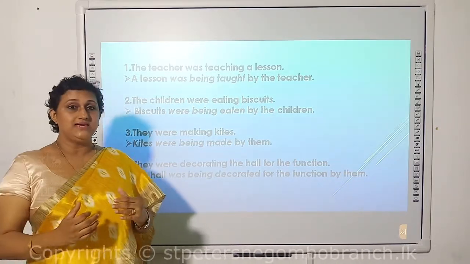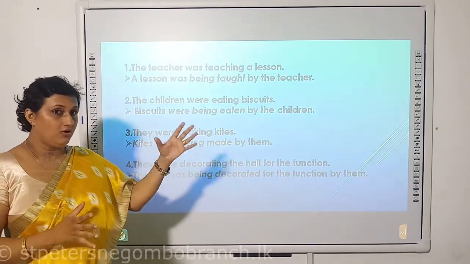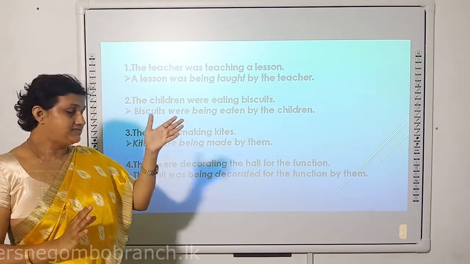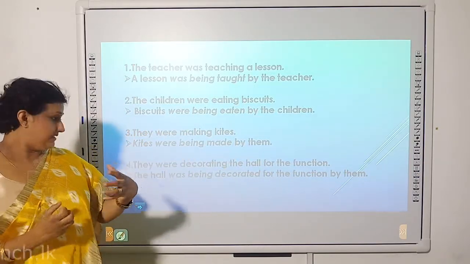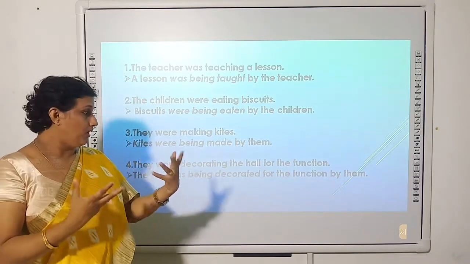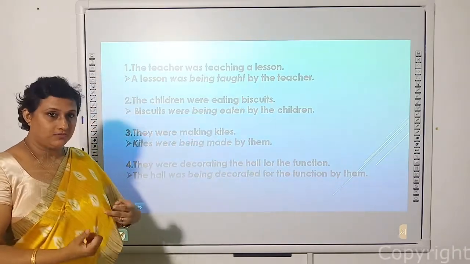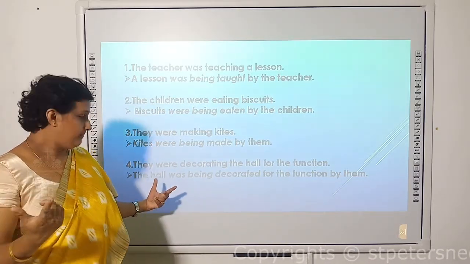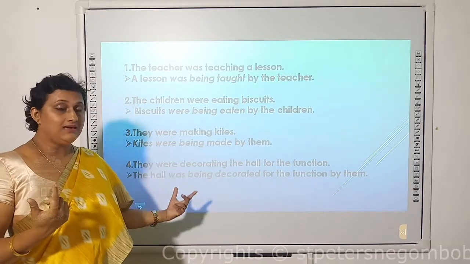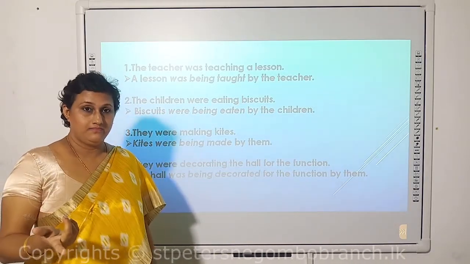They were decorating the hall for the function. The verb is were decorating. The person who has done it is they. They were decorating what? The hall. So you have to take the word hall to the top as the object. The hall is singular, so you have to use was. Then the hall was being decorated for the function by them.